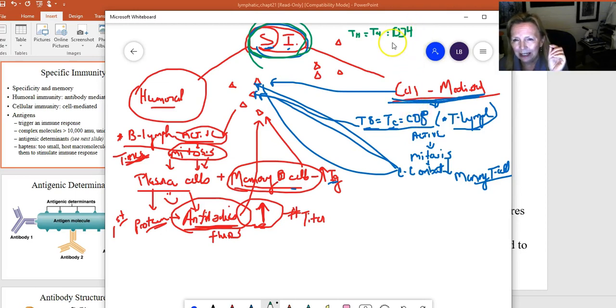That's supposed to be a C and a D, a C and a D4. Most labs call these CD4 cells. Most labs call these CD8 cells. But I can't guarantee it. They may actually call them helper Ts. But these are all the same kind of cells.